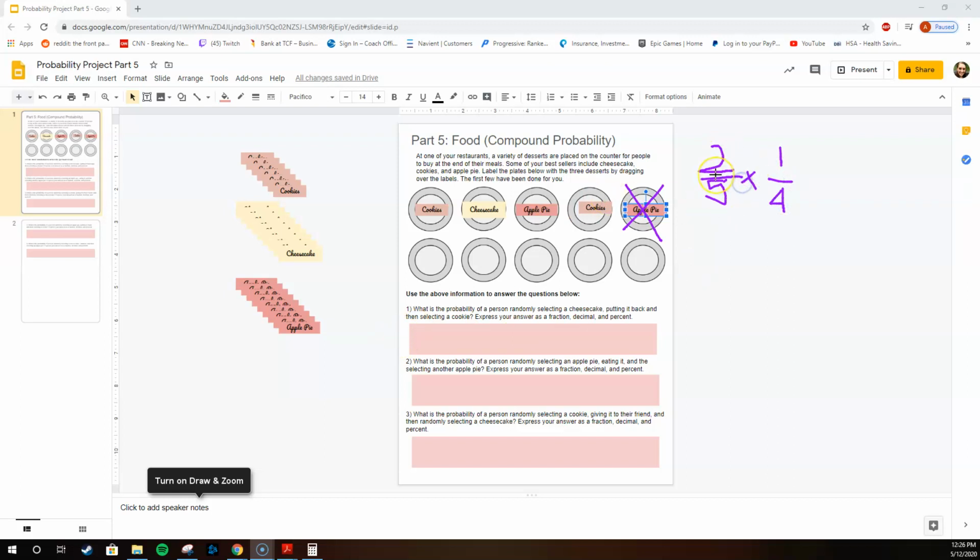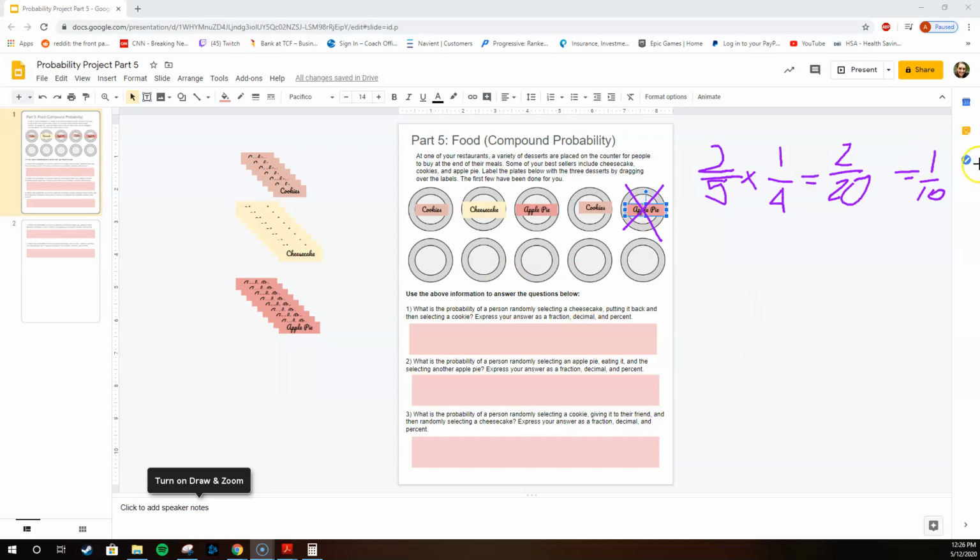So this is a dependent probability. So now I'm going to take 2/5 times 1/4, which equals 2/20, which we can simplify down to 1/10.